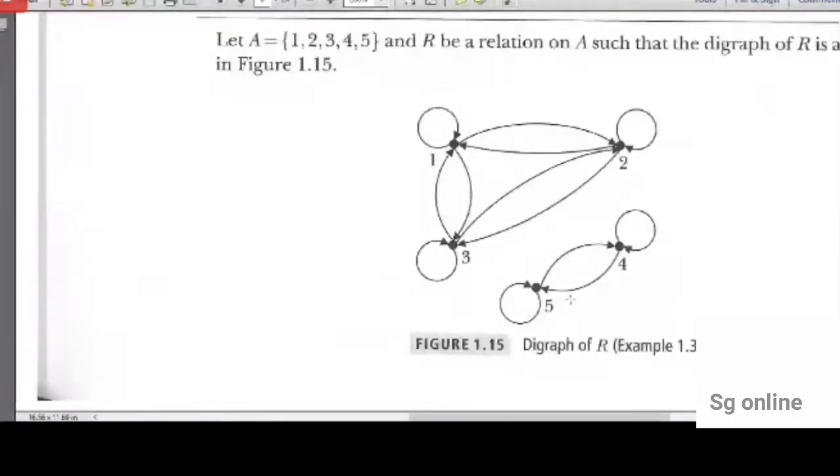You learned that an equivalence relation forms a partition of the set, and here you see how they are forming a partition of the set of 5 elements into 2 parts, 1 2 3 and 4 5, and in each part every element is related to every other, including itself. So it clearly describes an equivalence relation.